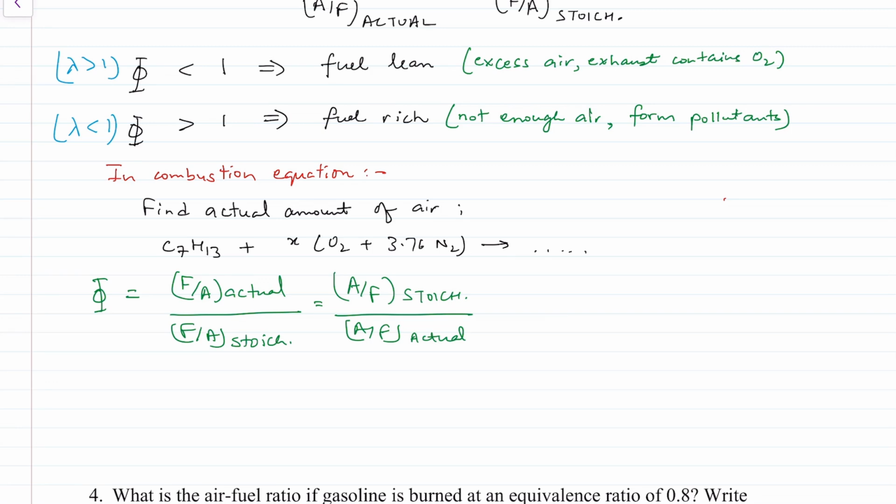It's 1 mole of fuel in each case, so the F cancels out, and it is equal to A stoichiometric divided by A actual, so this is X stoichiometric divided by X actual.